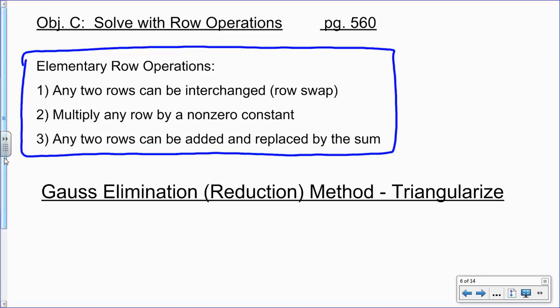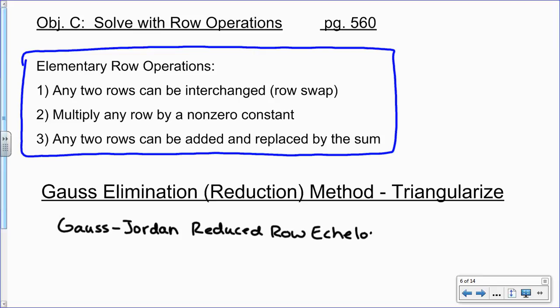So we do all of that. That main method, this is just the name of it. So we get our matrix to look like this.